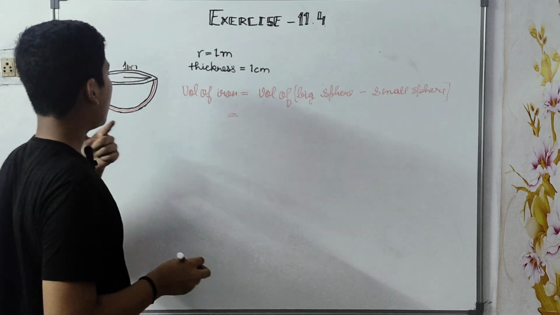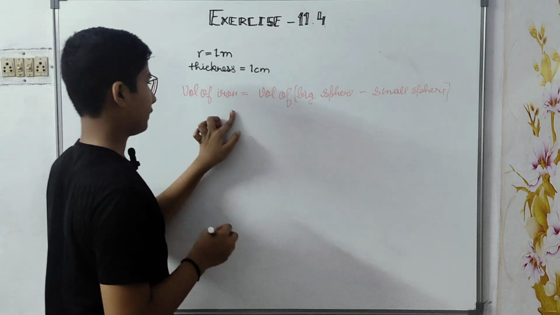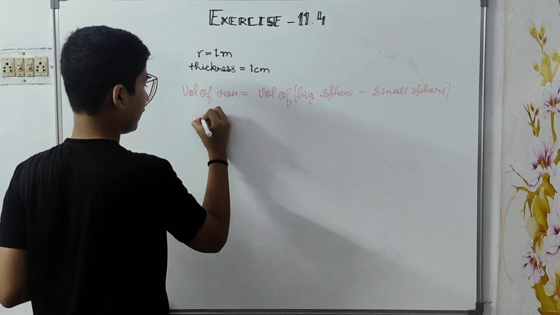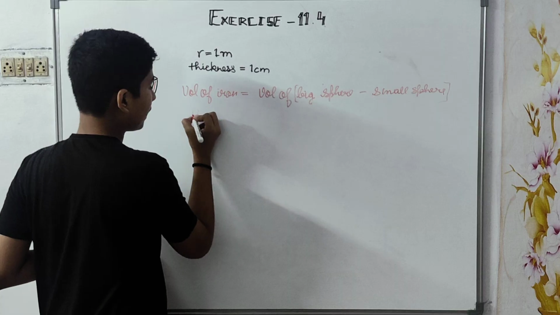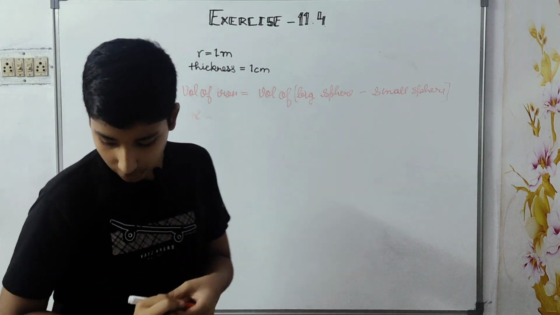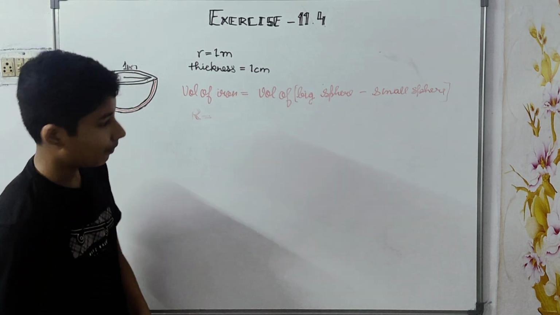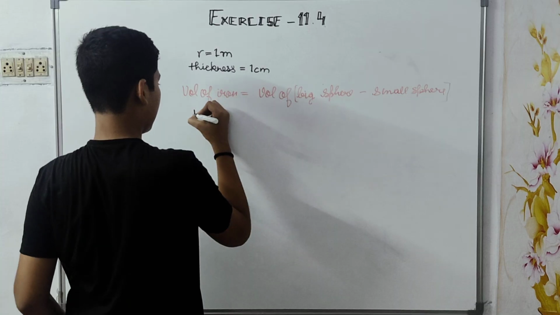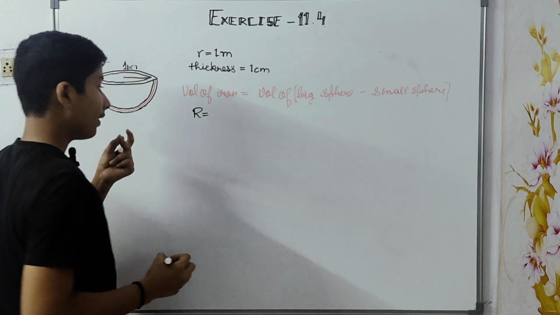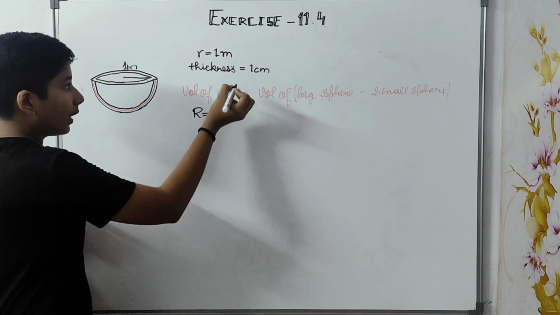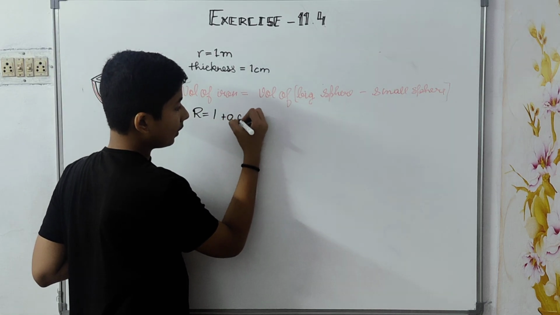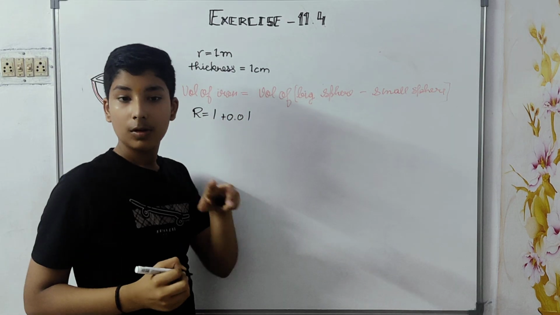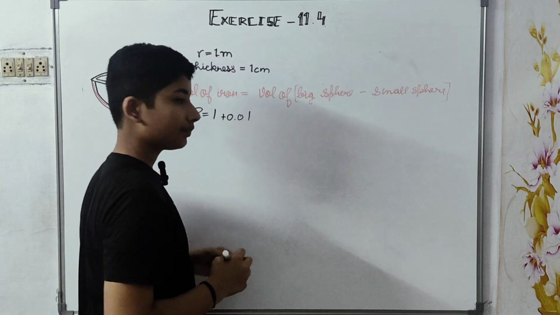Like the formula of finding this. So first of all, we'll write the radius, big radius. Oh, this is not working. We'll just use a black one. Big radius will be 1 plus 0.01.